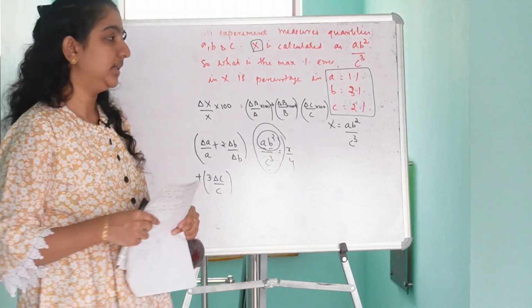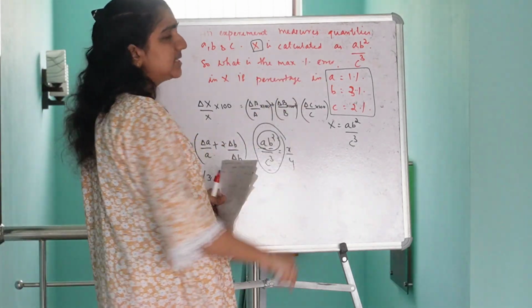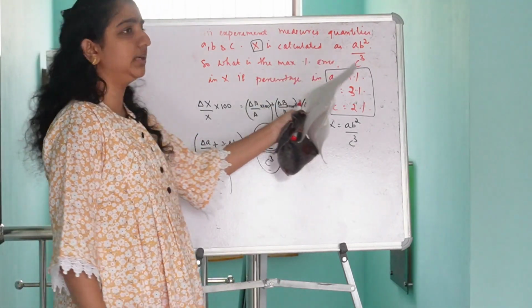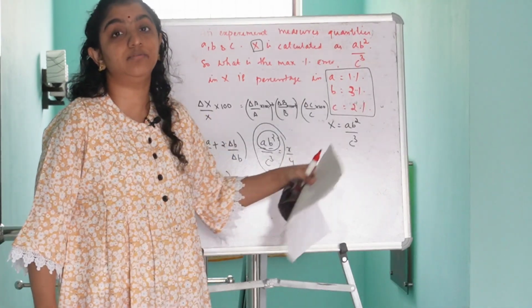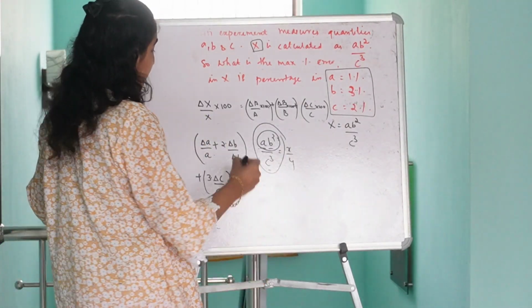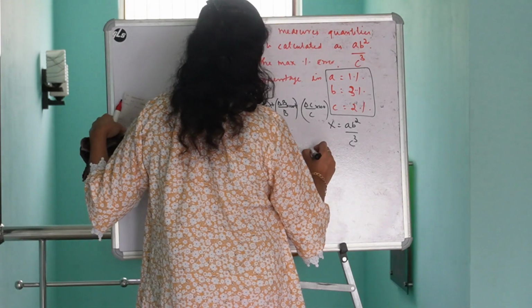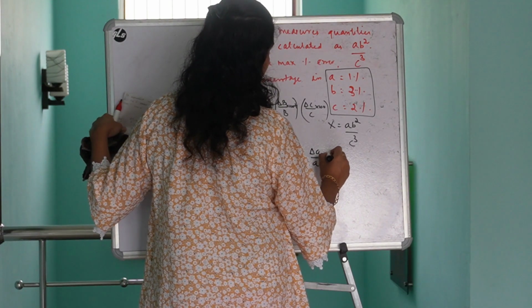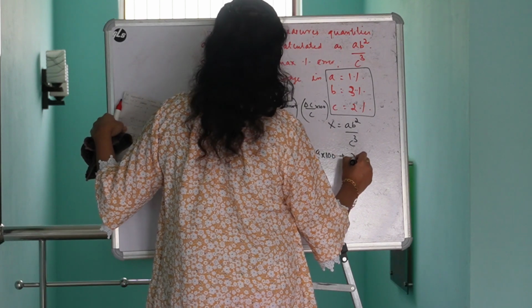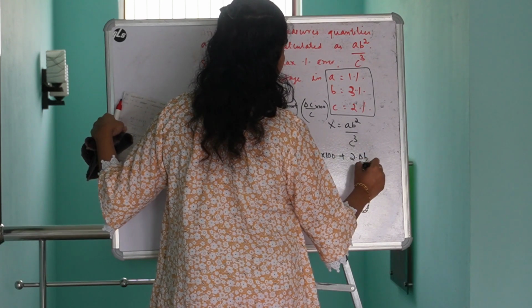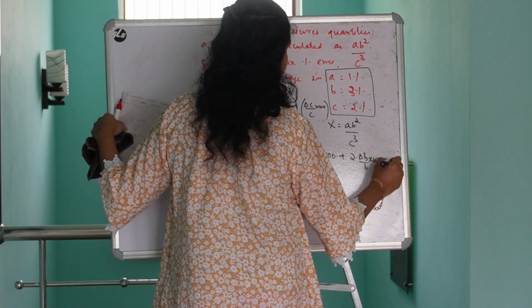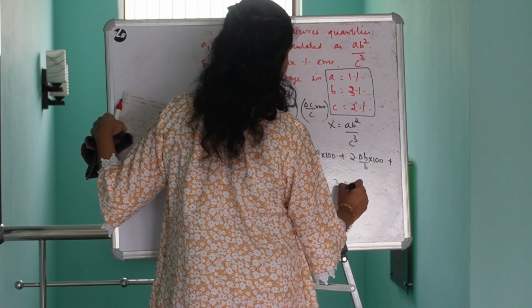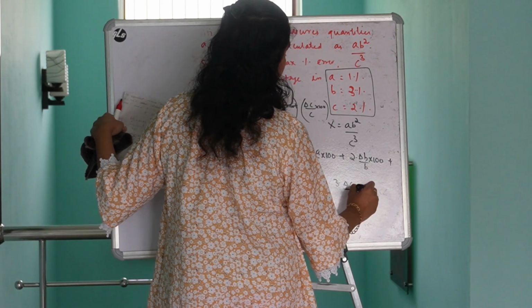Is it clear? Yes. Now instead of providing measurements, here you are provided with percentage errors. So you can multiply all these terms by 100. So del A by A into 100 plus 2 into del B by B into 100 plus 3 into del C by C into 100.